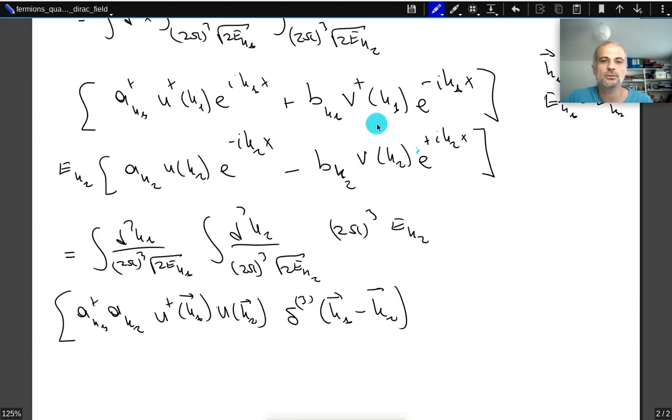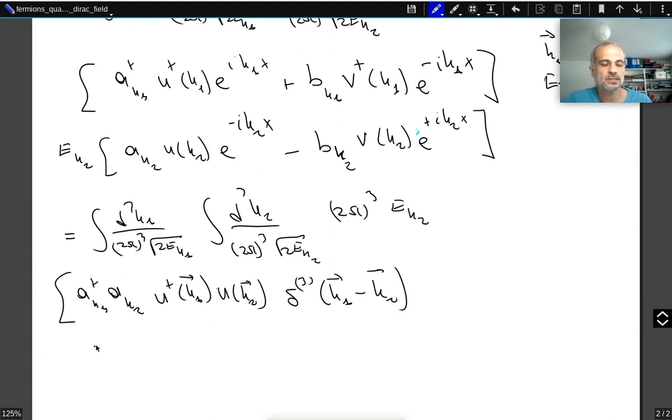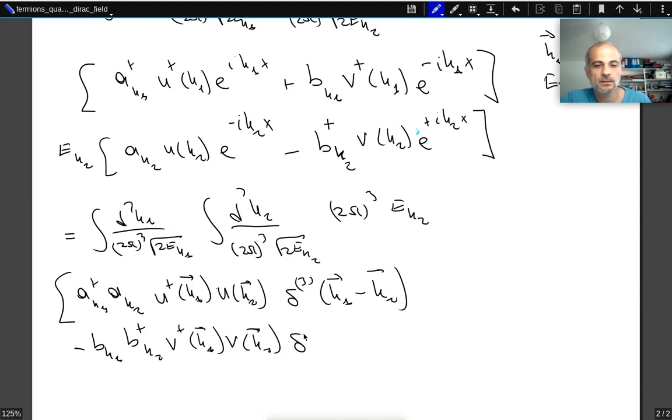Let me take the product of the second terms in the parentheses, so it will be similar here, but this time I have the dagger, minus b k1, b k2 dagger, v dagger k1, v of k2, Dirac delta cubed k1 minus k2. So this is the product of these two terms.